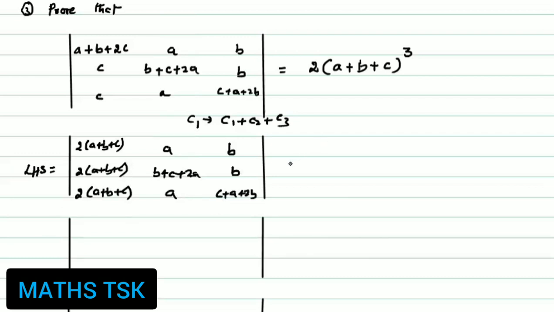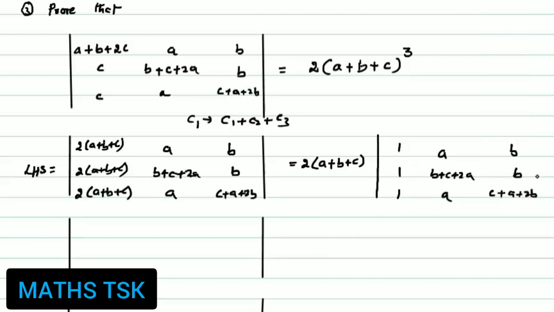Next, take 2 common. Write the step here. Write 2 times a plus b plus c common. What will be there in the determinant now? 1, 1, 1, a, b, b plus c plus 2a, b, and then a, c plus a plus 2b.